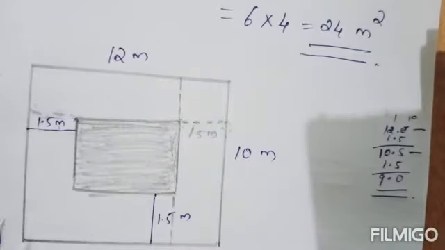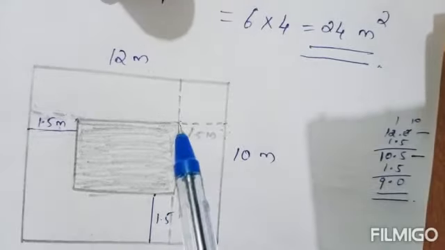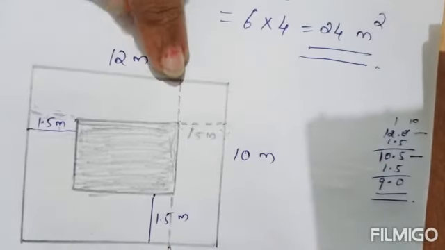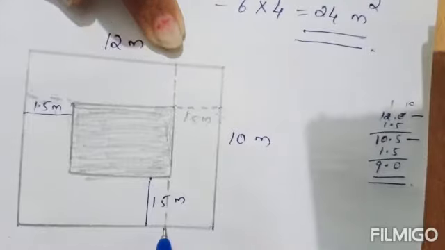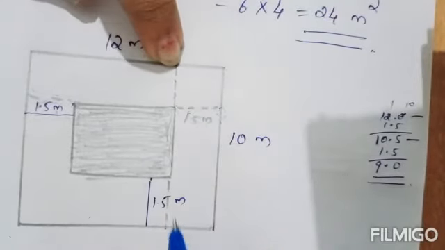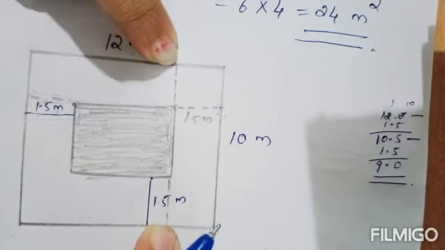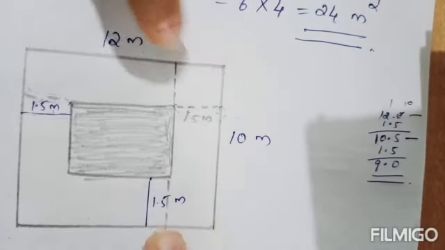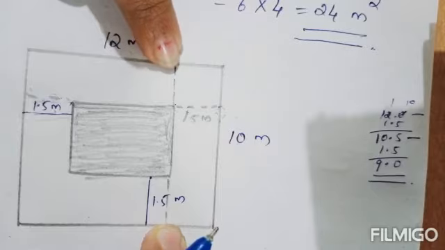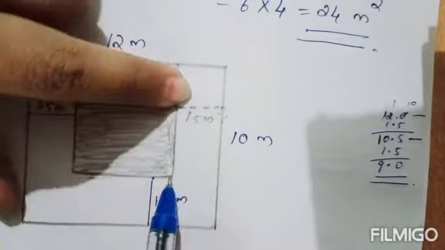Now the breadth of the inner rectangle. How can you find that? If you extend the breadth of the inner rectangle to both sides to touch the outer rectangle, you will get this length. So this length is equal to the breadth of the outer rectangle, that is, this full length is 10 meter. Now if you want the breadth of the inner rectangle, we need only this much distance.